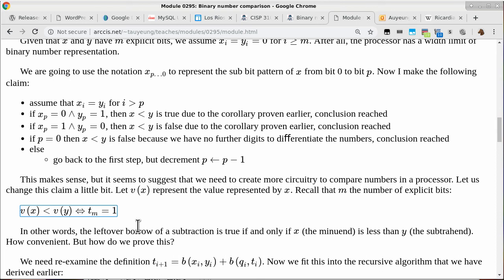And we want to interpret it unsigned, okay? So this is what I want to claim. I will claim that v of x, the value represented by the binary number x, is less than the value represented by y as a bit pattern, if and only if tm, the borrowed bit from column m, equals 1. Now that's a pretty big claim. It's like, oh, we can just look at the borrowed bit, m, and then we can tell whether x is less than y or not.